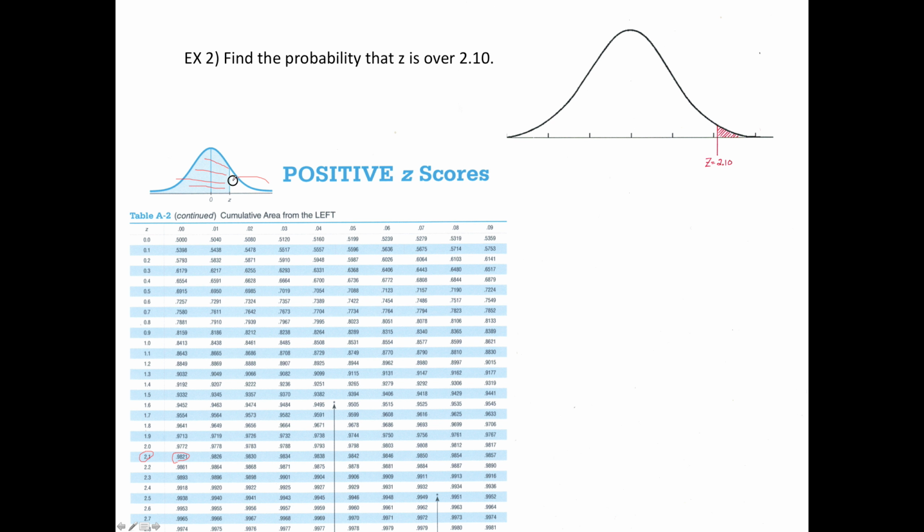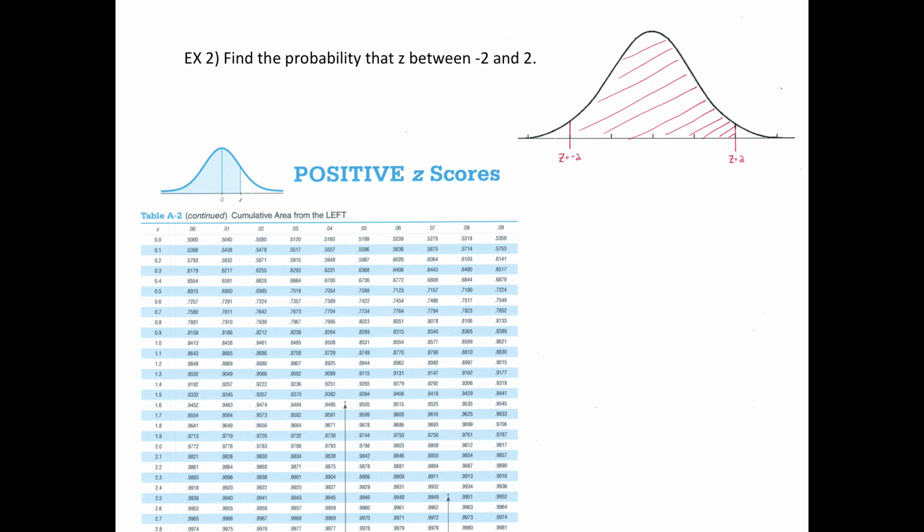We actually want this area on the other side. Since the total is 100%, this side is equal to 1 minus the shaded area. So 1 minus 0.9821 leaves 0.018, a very small answer. Like I said, this is a small area, so this small answer seems good.